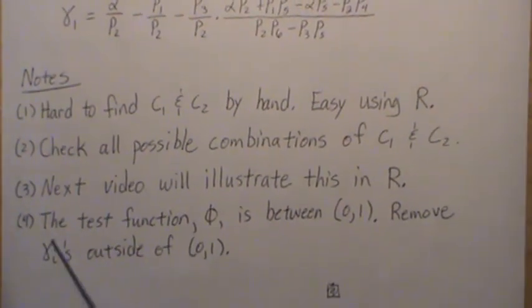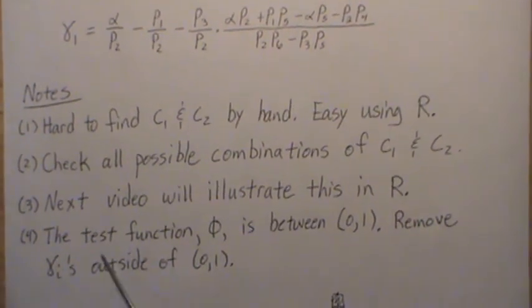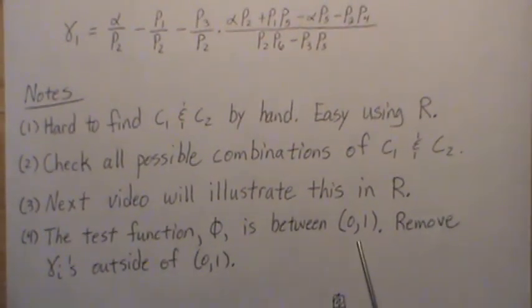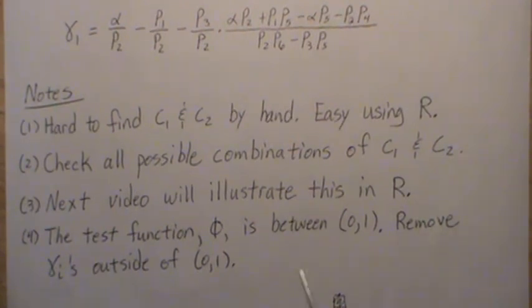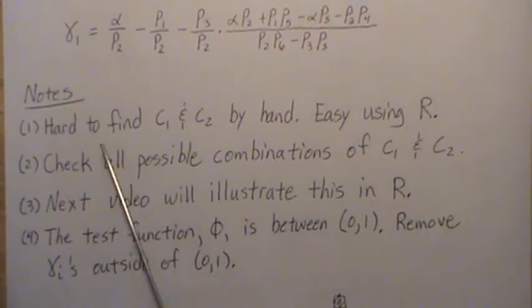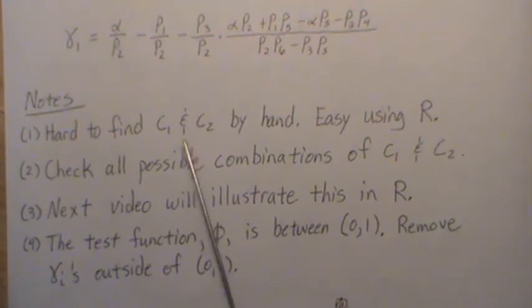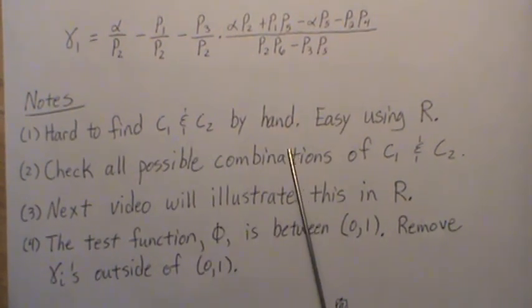So what I just said in step 4 is the test function phi is between 0 and 1. So we remove any gammas that are outside 0 and 1. It's sort of hard to find the C1 and C2 by hand. Not impossible, but as I was going down this route, I'm like, why do that?